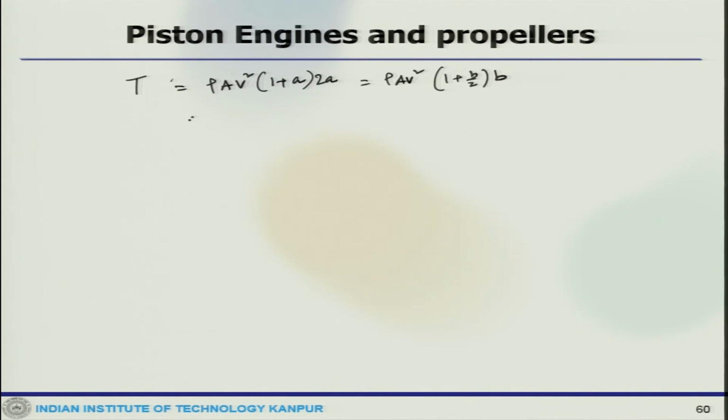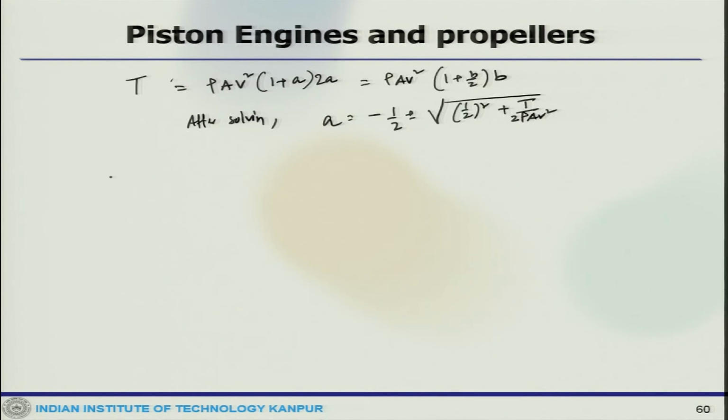So, after solving, what we get: A equals minus half plus or minus square root of quarter plus T by (2 rho A V square).